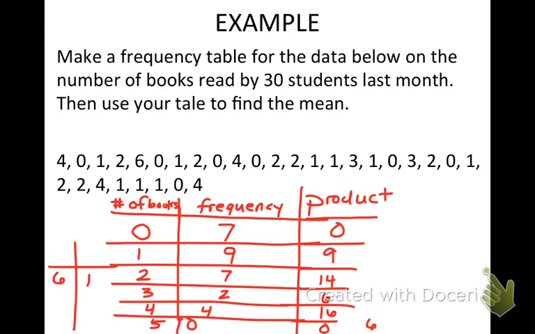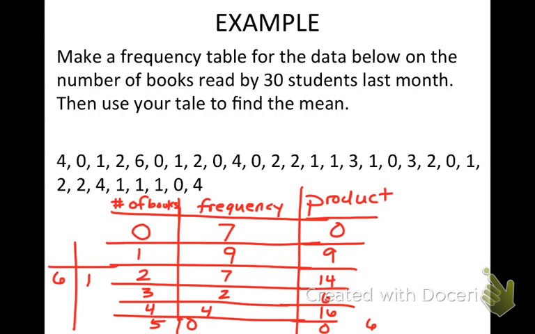So then what could I do with my products? I could add all those together and then divide by 1, 2, 3, 4, 5, 6, 7 products, right? So let's go ahead and do that. 0 plus 9 plus 14 plus 6 plus 16 plus 0 plus 6 divided by 7.